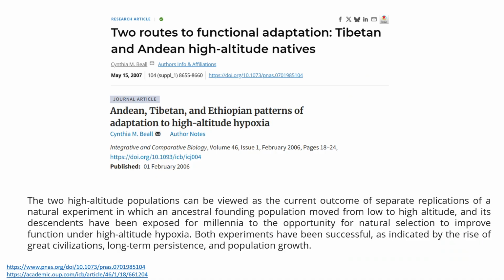So there were these two populations that were studied, Tibetan and Andean natives, and people looked at what genes had changes and so on. These are a bit old, but it's still legit, right? So the two high altitude populations can be viewed as the current outcome of separate episodes. They're saying that both of them have adapted to high altitudes, but in slightly different ways.